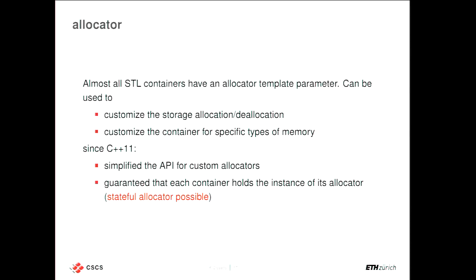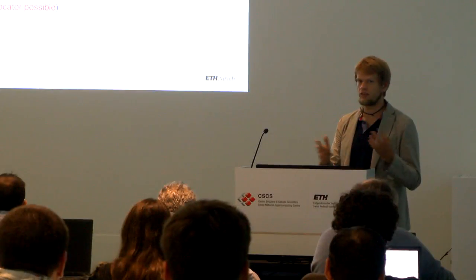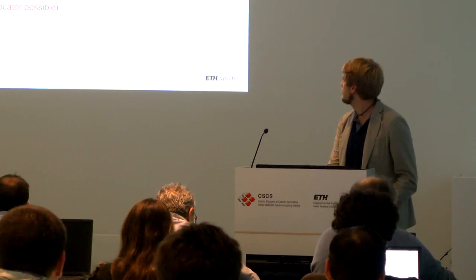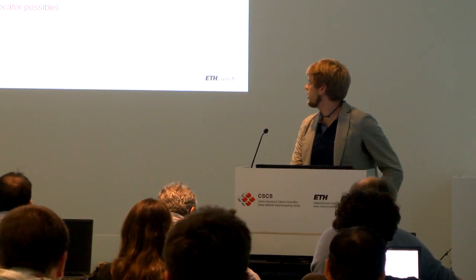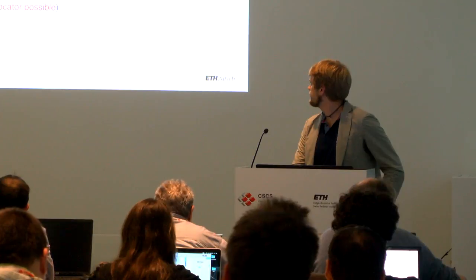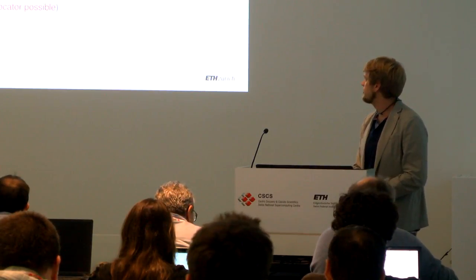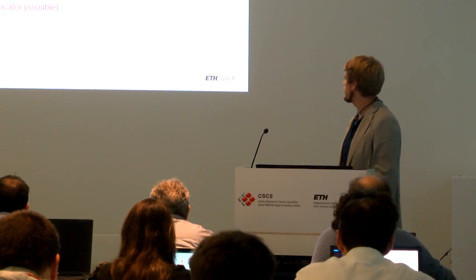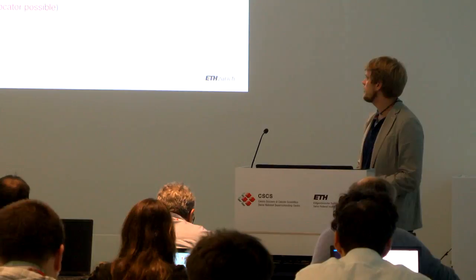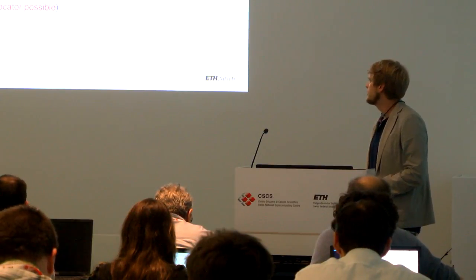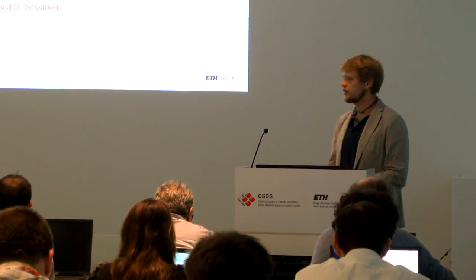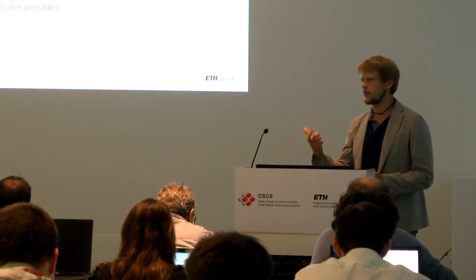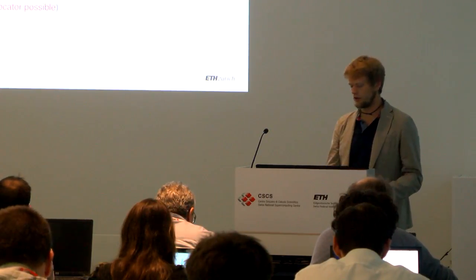This can often happen in high performance computing, where you have several memory hierarchies and want to allocate on some of them, so you can implement your own allocator. Since C++11, the API to do that is extremely simplified with respect to C++03. There's also the guarantee in the standard that there's one copy of the allocator instance in every container, so that you can have a stateful allocator.